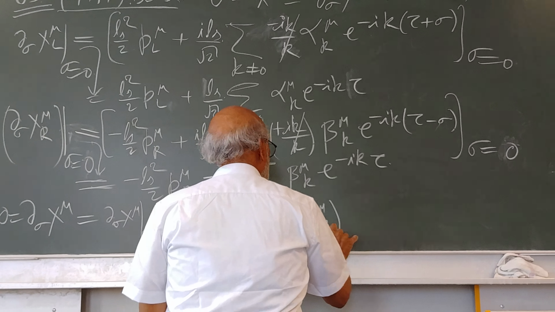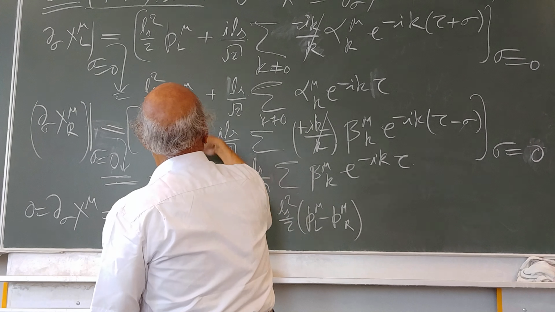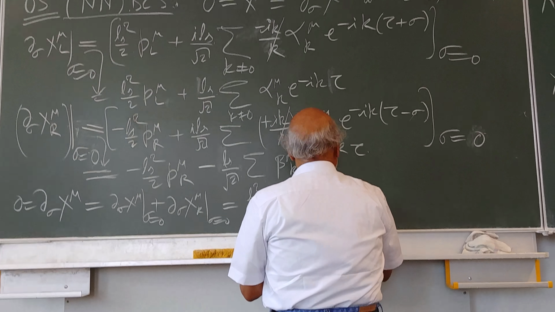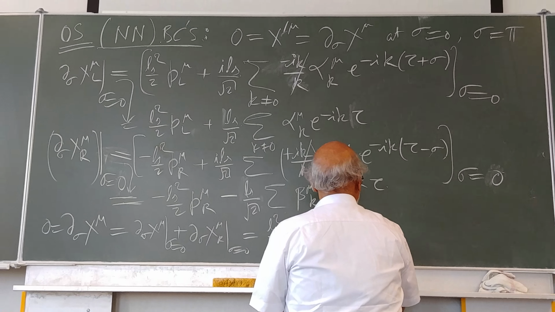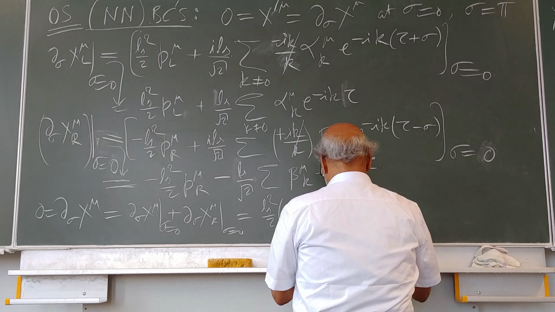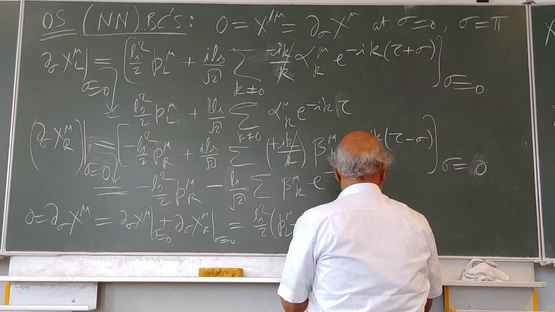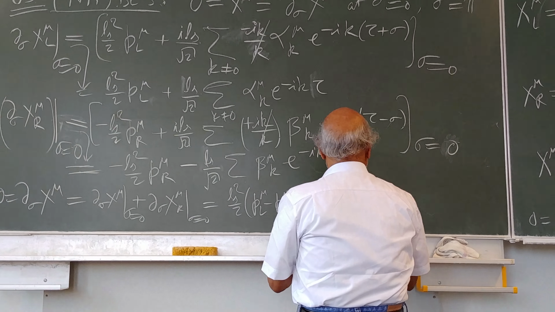P mu R as a sum of these two terms plus Ls by root 2 and summation over k not equal to 0.